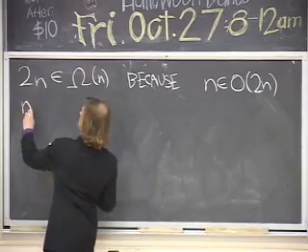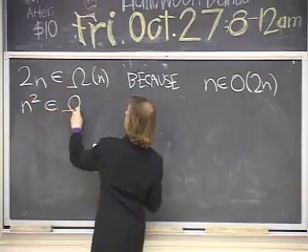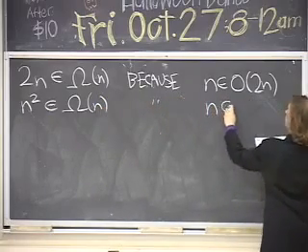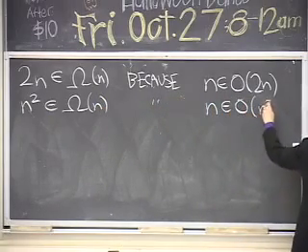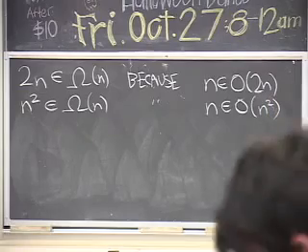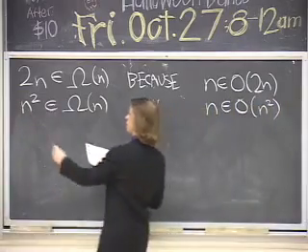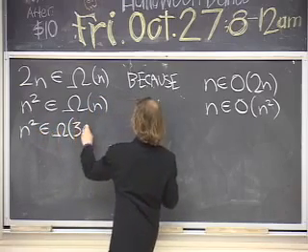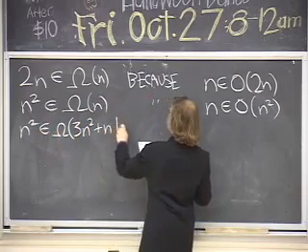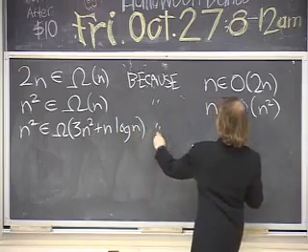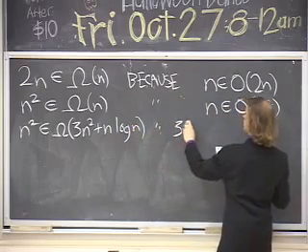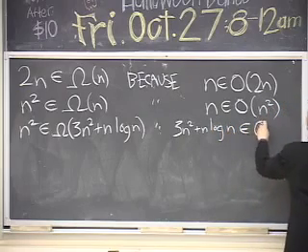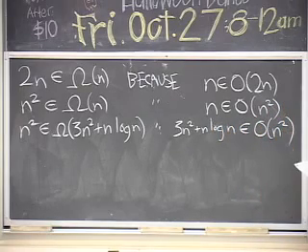And likewise, n squared is in big omega of n as well, because n is in big O of n squared. And n squared is in big omega of 3n squared plus n log n, because that complicated expression is in big O of n squared.